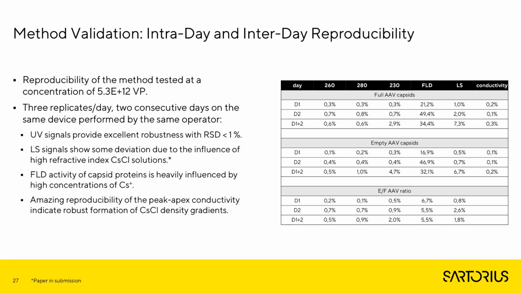And this, we explained, is influencing our robustness of the fluorescence detector. However, using UV or light scattering detector, we can still very accurately determine either the AAV concentration or the empty and full AAV ratio in these samples with quite nice sensitivity.